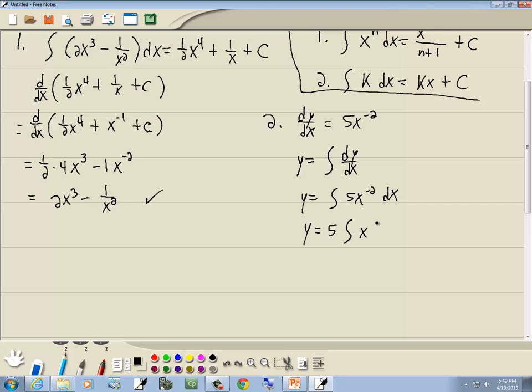So we can take that 5 and put it out in front. Now remember what our property was up there. If we have x to a power, we're going to add 1 to our power, divide by our new power. So 5 carries down, add 1 to our power, so that's negative 2 plus 1, and divide by our new power, so that's negative 2 plus 1. And then we always have to put our plus c on. So then we got negative 2 plus 1 is negative 1, plus c.